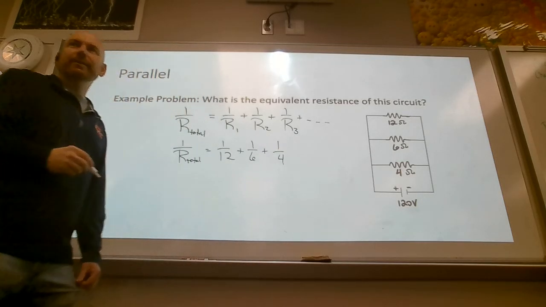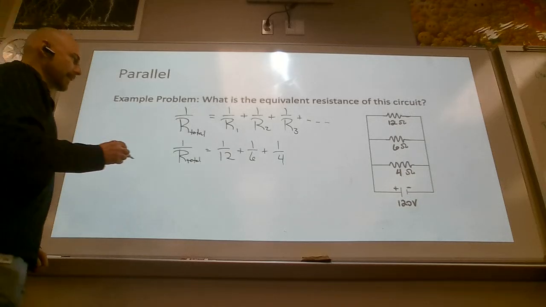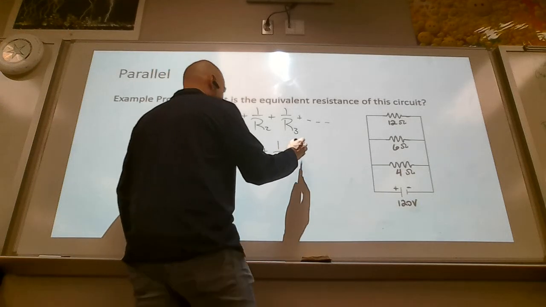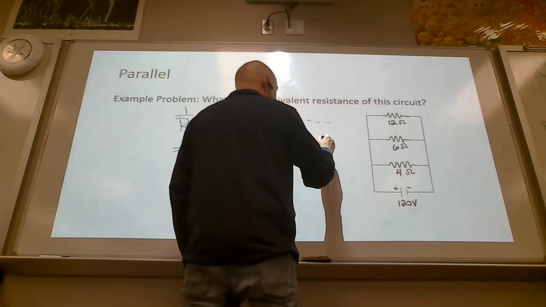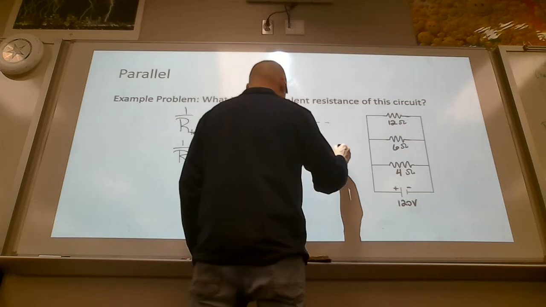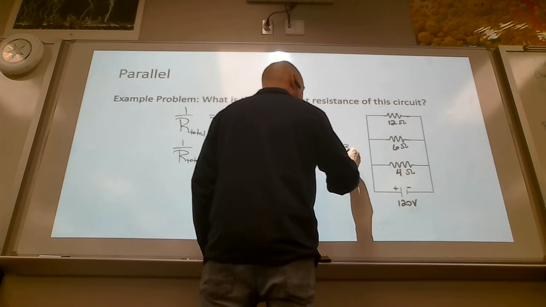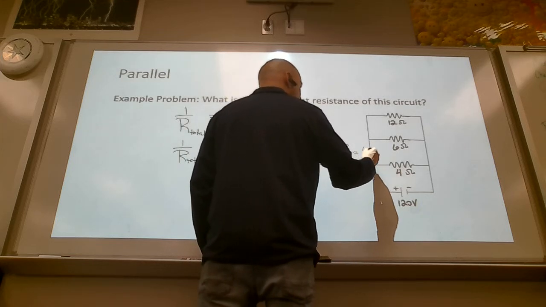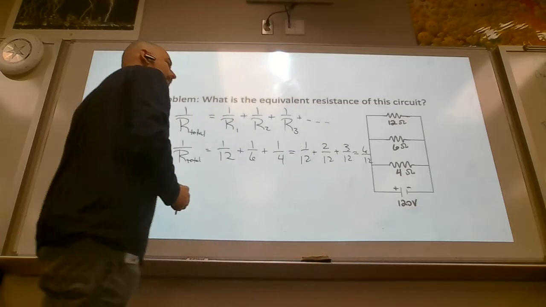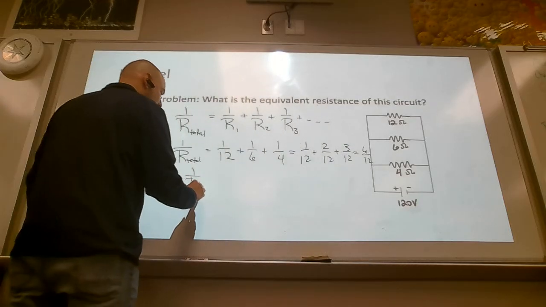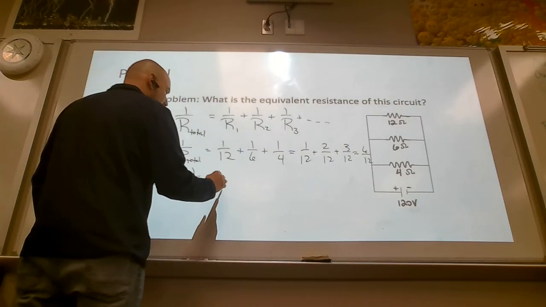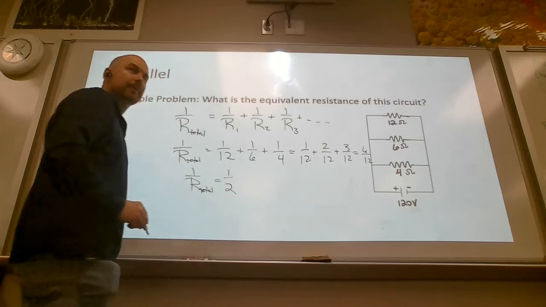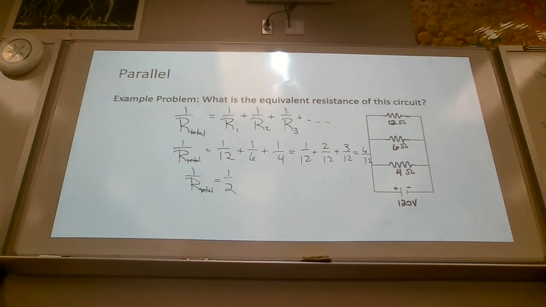I made this really easy for myself. That's the same thing as 1 over 12 plus 2 over 12 plus 3 over 12 gives me 6 over 12. Okay? So 1 over the total resistance is equal to 1/2. Good?